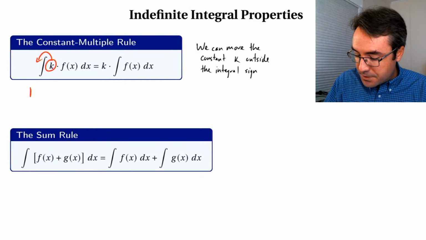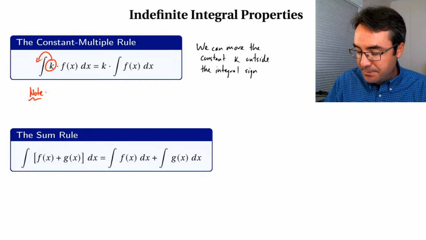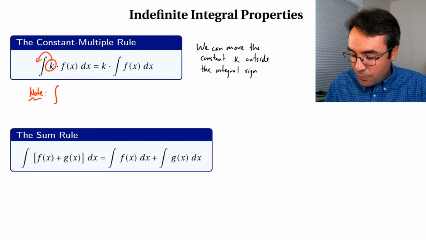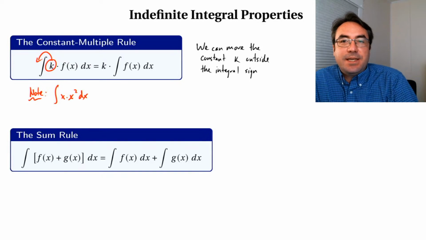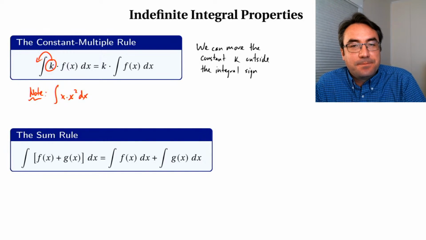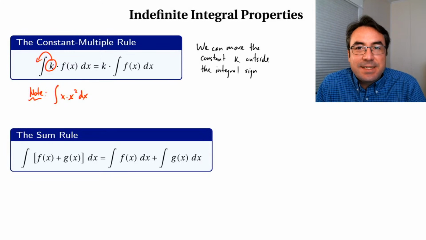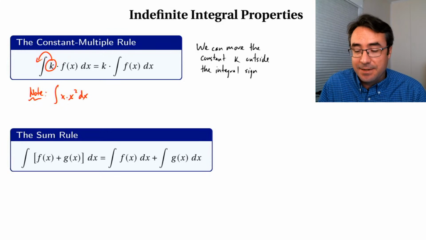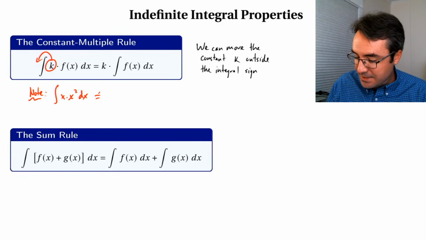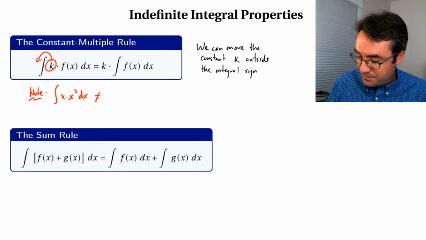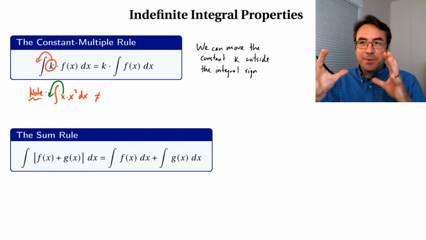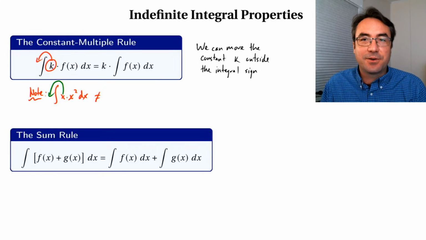One thing to note, so you might be tempted at some point and you can't do it, is that you can't move variables outside of the integral. So let's say we had x times x squared. We can't move any of those x's outside the integration. So they all have to stay inside the integral sign. So we can't say take this x and put it in front. So all the variables are kind of stuck inside the integration there.